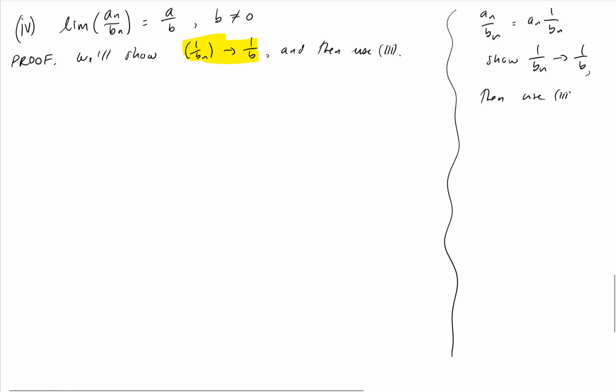Okay, so again, now that this is our new problem, we'll just state what we want to do, and then go ahead and do it. Same template as before, let epsilon be greater than 0.